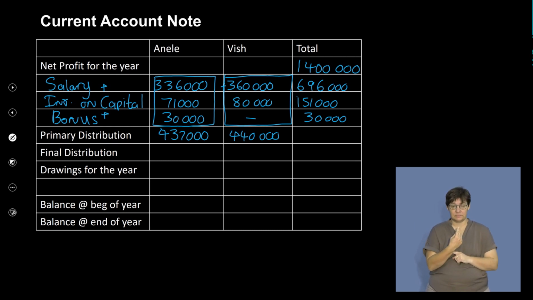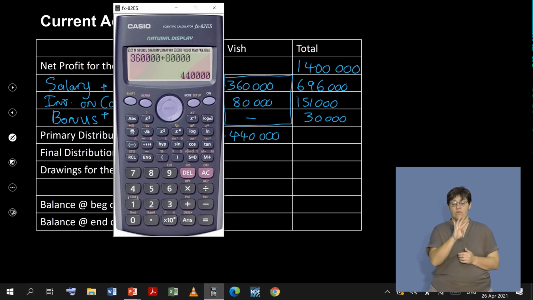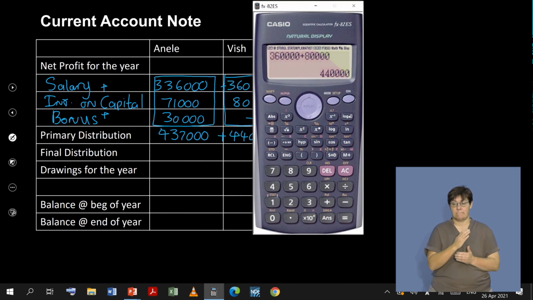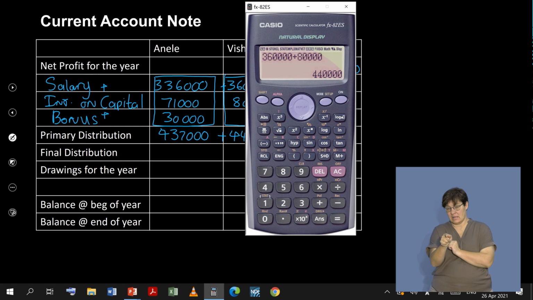Right, so our total primary distribution, I'm simply adding these two amounts to get in total what is the primary distribution of both partners. So once again, I need my calculator. So 440,000, right, that was partner Vish, plus 437,000.